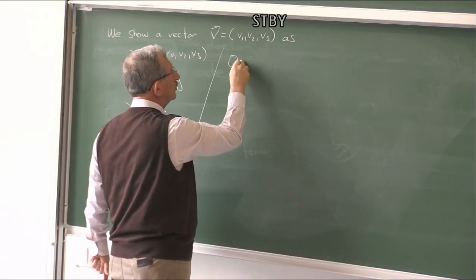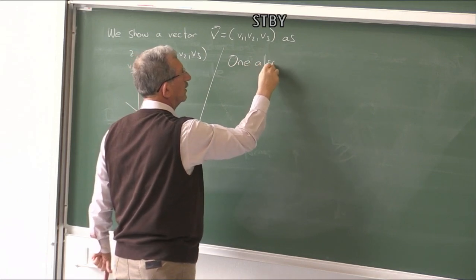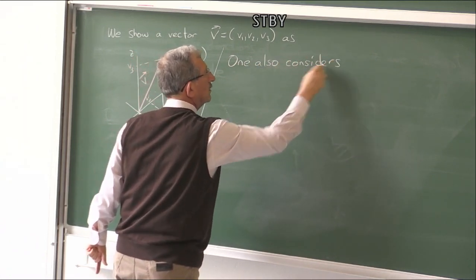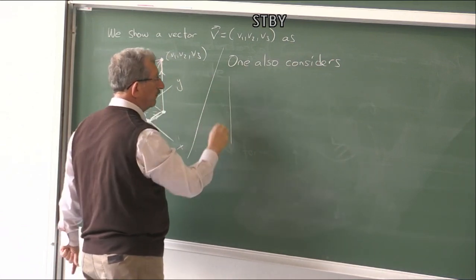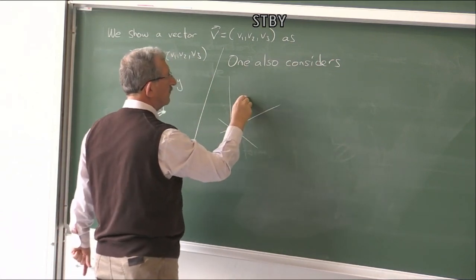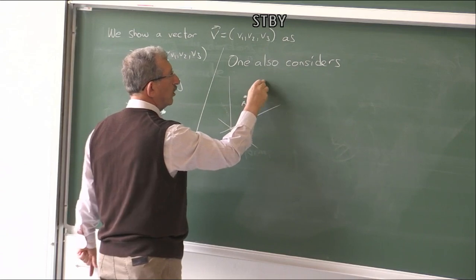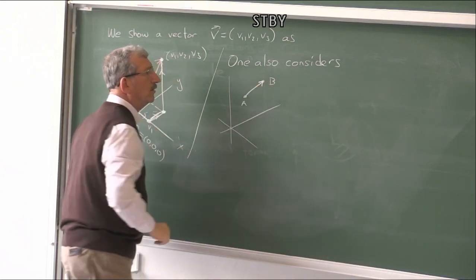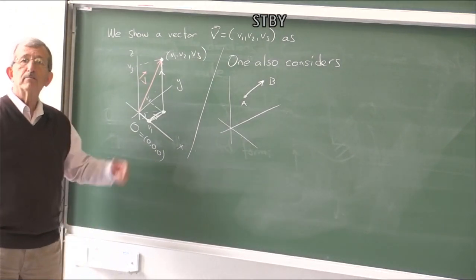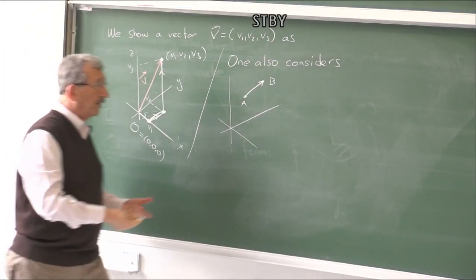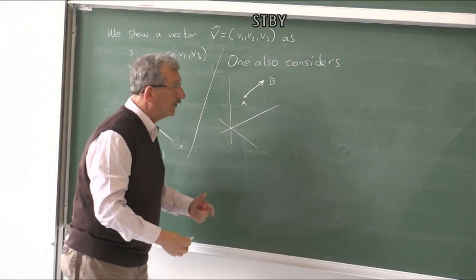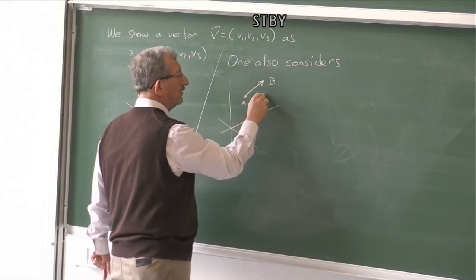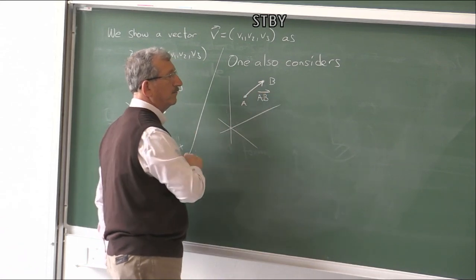But one also considers the following vectors, starting from a point A, going to a point B. Now, this should be a vector, because such things are very useful in applications. We will call this the vector AB.